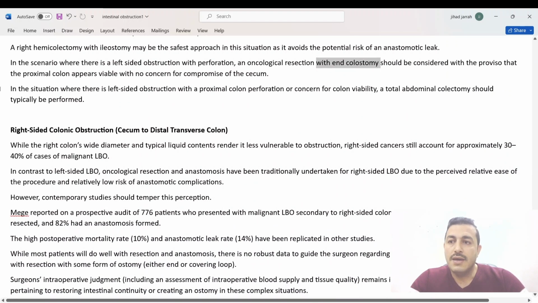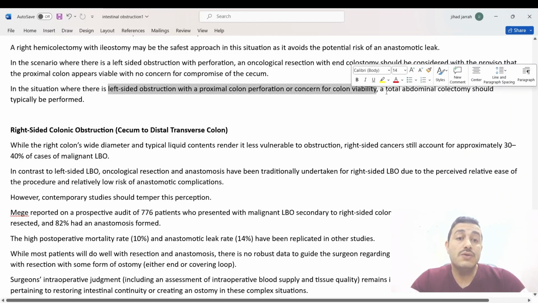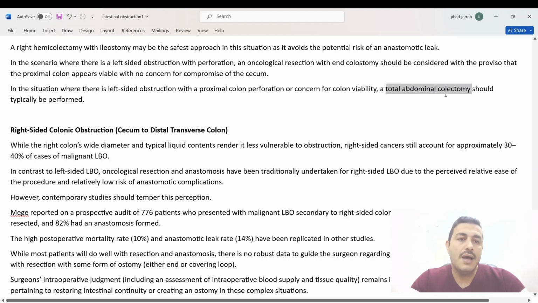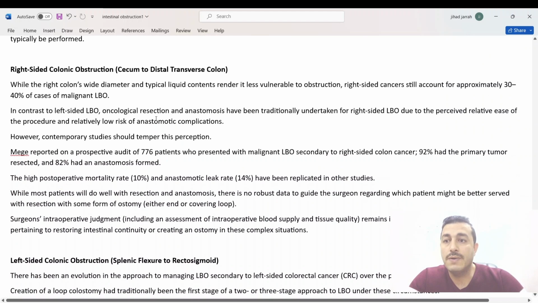Here, in a situation where there is left side obstruction with proximal colon perforation, or concern for viability, we can proceed to total abdominal colectomy in cases of left-sided tumor and perforation in the proximal part. While if there is no perforation, we can proceed to end colostomy alone.